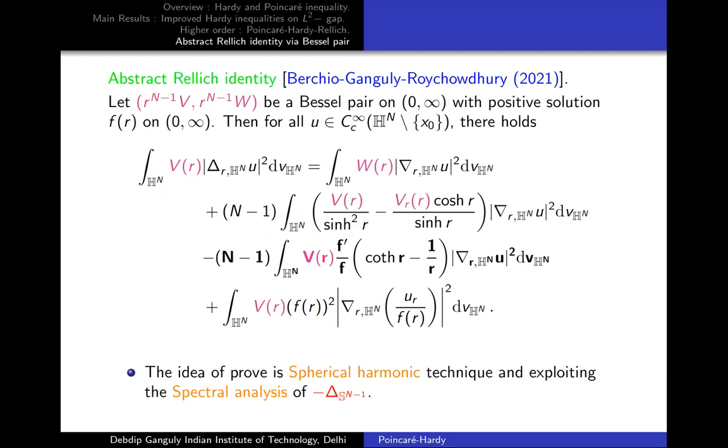Here we have to compare for the bi-Laplacian, and at least we don't know any comparison for the bi-Laplacian. So whether we could compare the bi-Laplacian on the hyperbolic space with the bi-Laplacian on any manifold whose scalar curvature is less than or equal to that of the hyperbolic space, we don't know whether such a comparison exists or not.